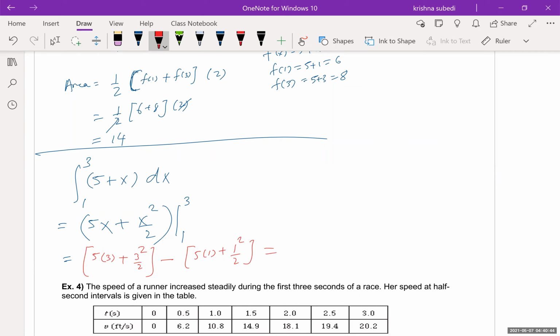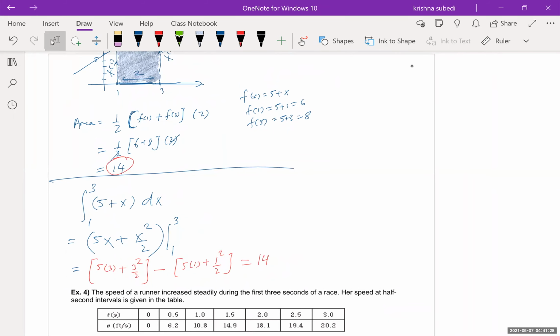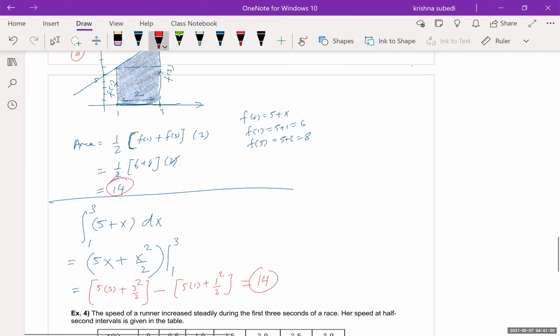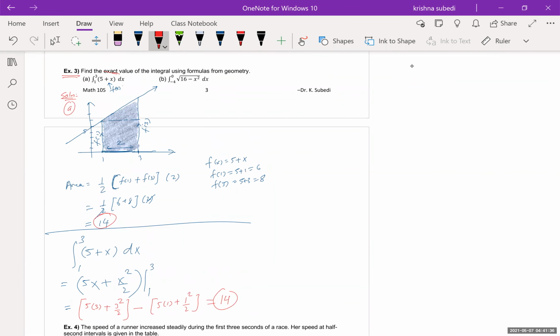Please calculate, how much do you get? So it is 14, right? When you work it out, you're going to get 14. So we have seen that using geometry and using this we got the same thing. And it proves that the definite integral actually represents the area. Okay. Now let's try part B.